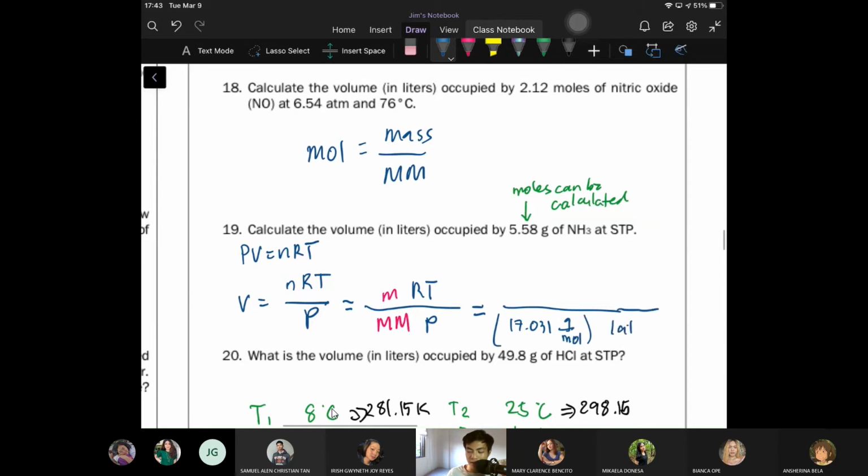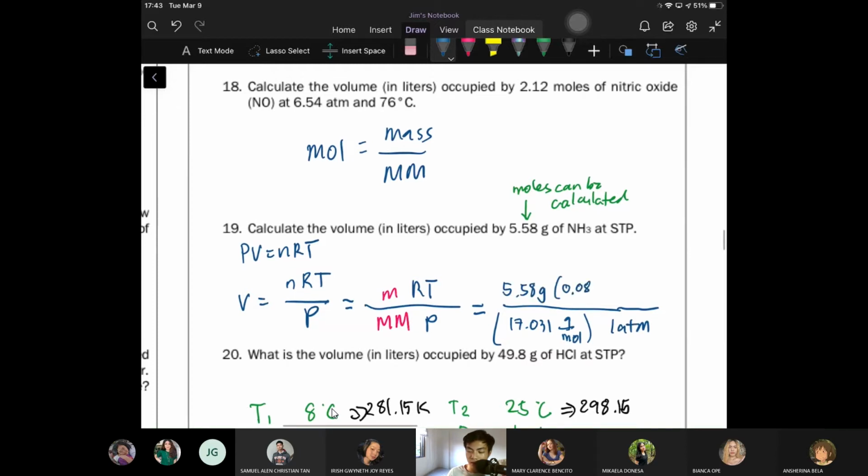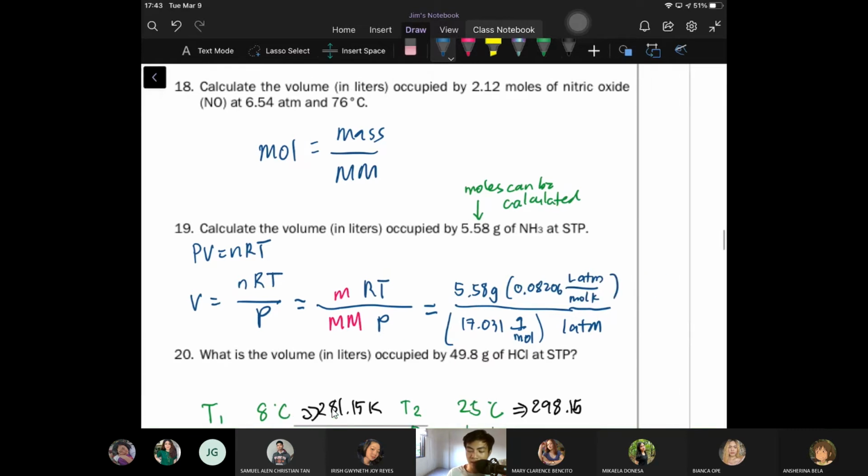Pressure, 1 atm. Yung mass, 5.58 grams. R, 0.08206 liter atmosphere per mole Kelvin. And temperature is 273.15 Kelvin. Okay? Pakikabisado yung R ha. 0.08206 L·atm per mole Kelvin.